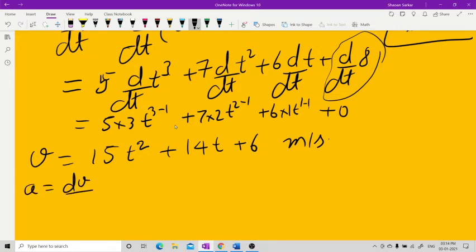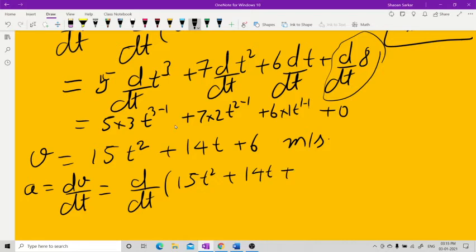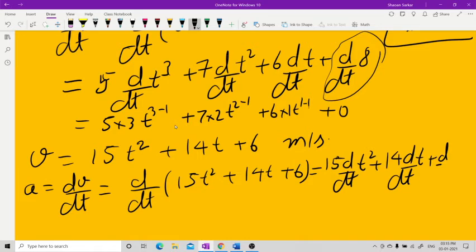So dv/dt, this is d/dt of 15t² + 14t + 6. This will become 15 d/dt of t² plus 14 d/dt of t plus d/dt of 6. This is a constant and will become 0.